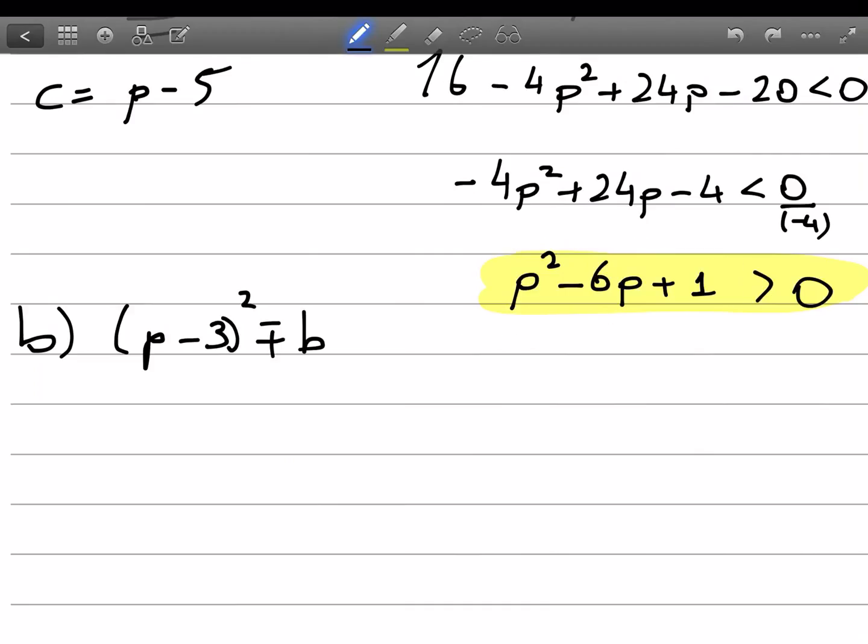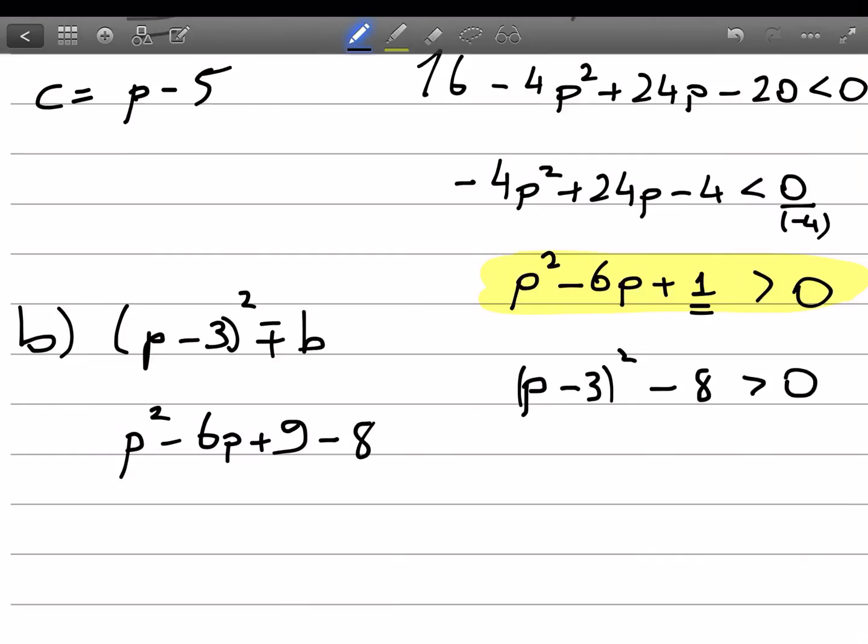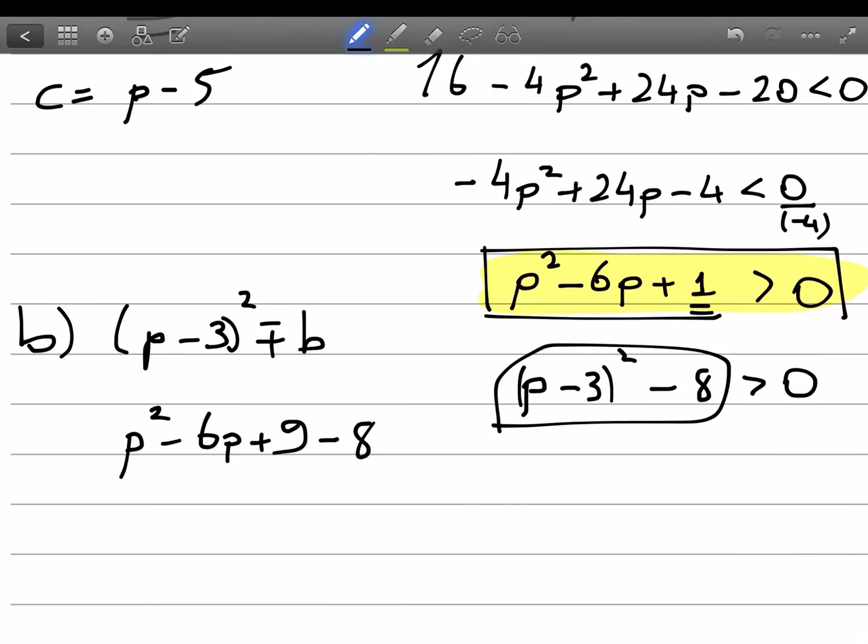We can find it by opening p squared minus 6p plus 9, but we need to subtract 8, and we will get p minus 3 squared minus 8, which gives us exactly the same as this part.